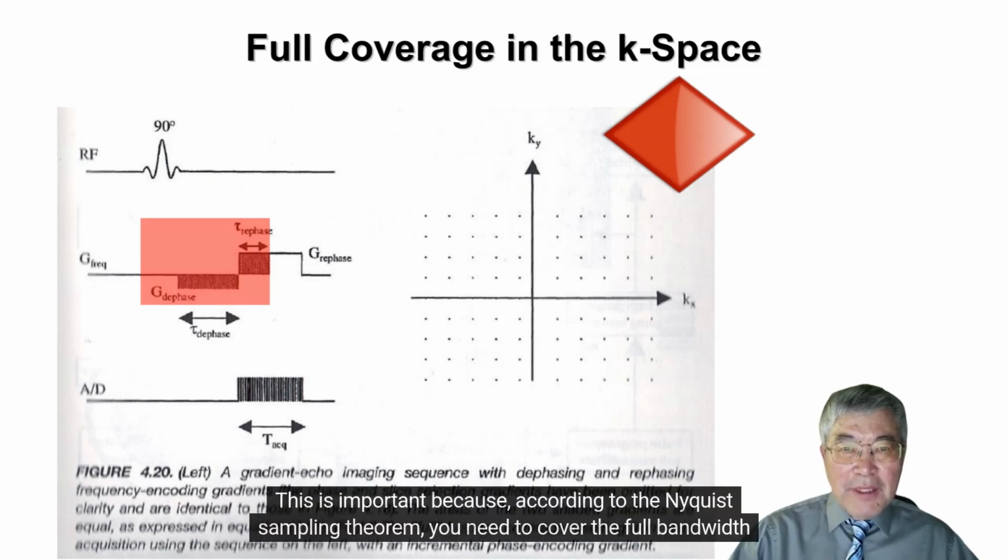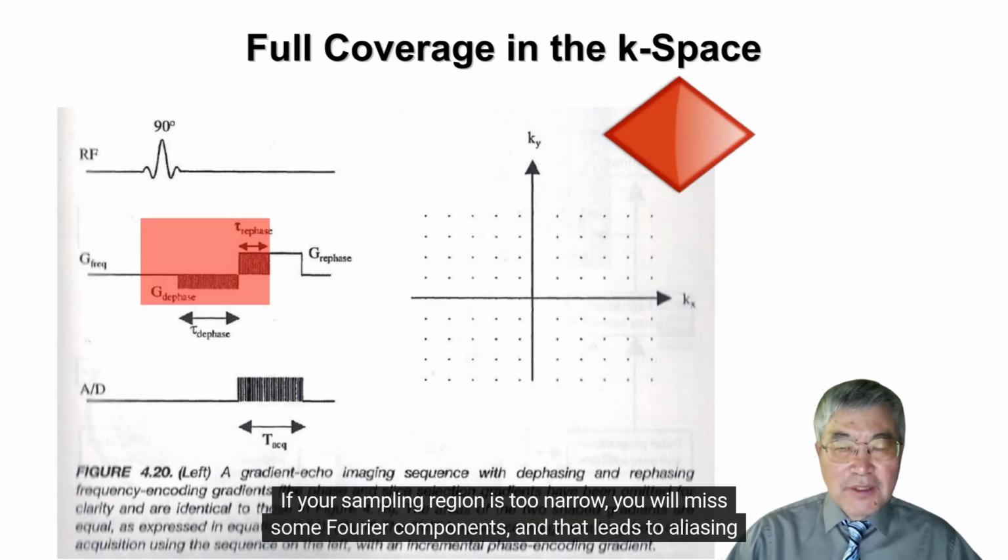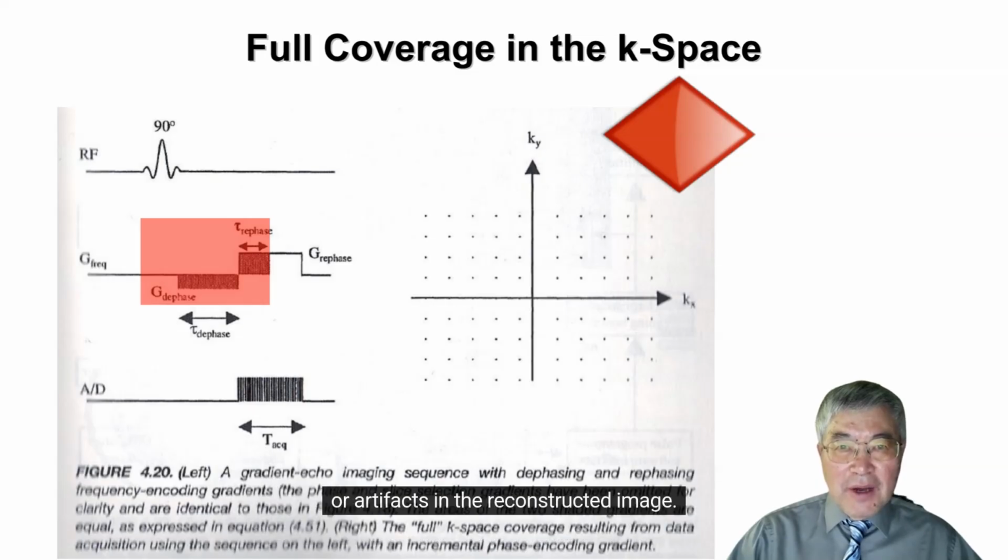This is important because, according to the Nyquist sampling theorem, you need to cover the full bandwidth of frequencies to accurately reconstruct the image. If your sampling region is too narrow, you will miss some Fourier components, and that leads to aliasing or artifacts in the reconstructed image.